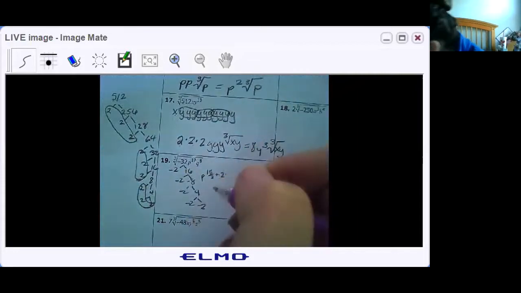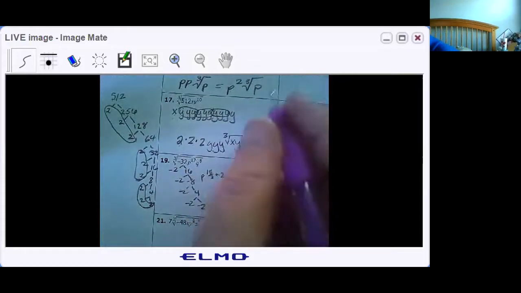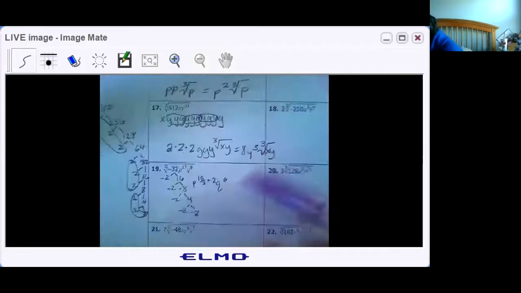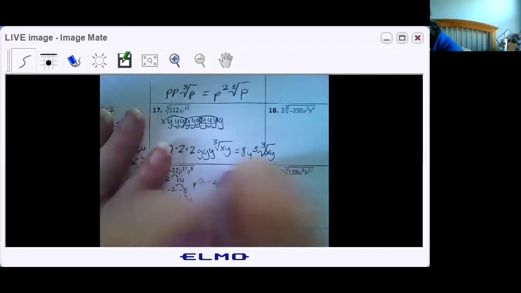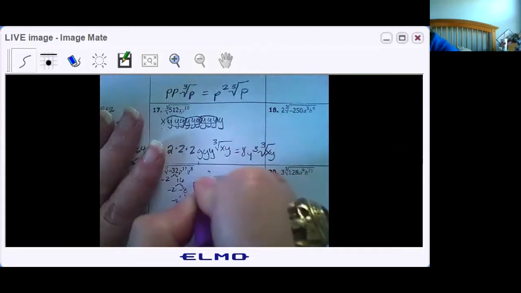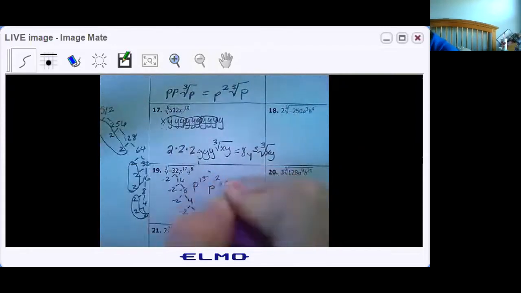And then I have Q to the 8th. Well, that would be Q to the 6th. Let me rewrite this again because there's a better way to do that. So I've got P to the 15th, P squared, because 15 and 2 is 17. Then I have Q to the 6th and Q squared.